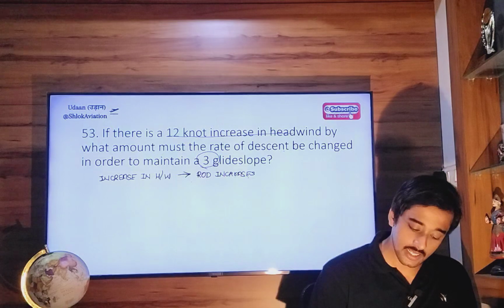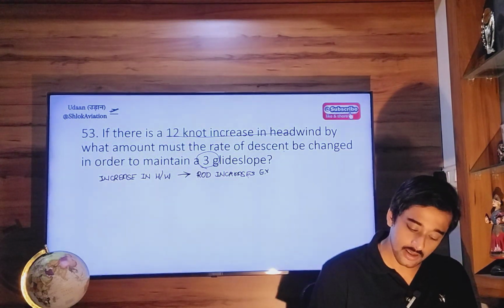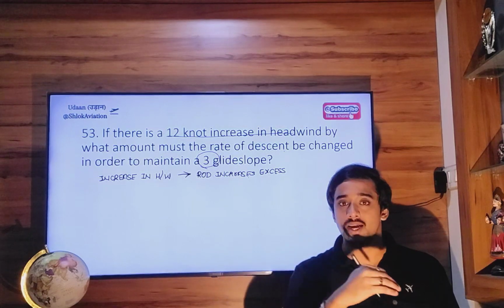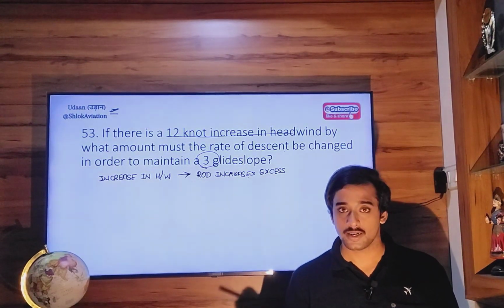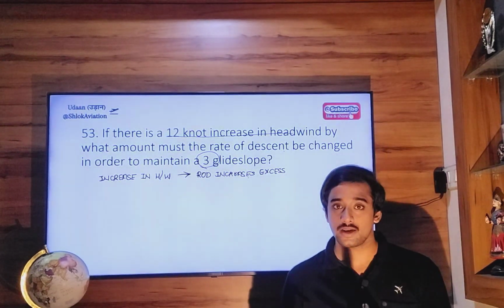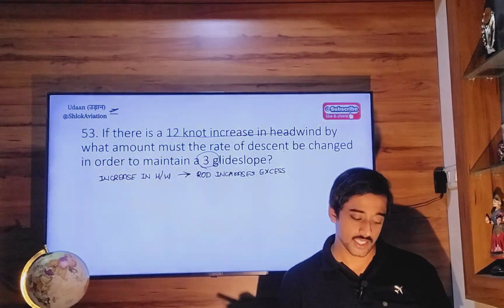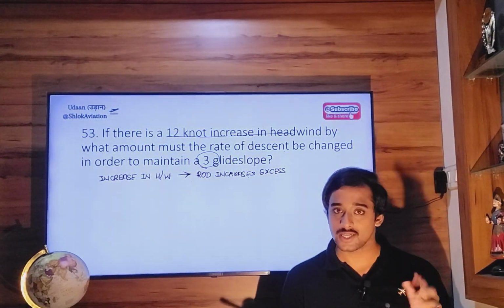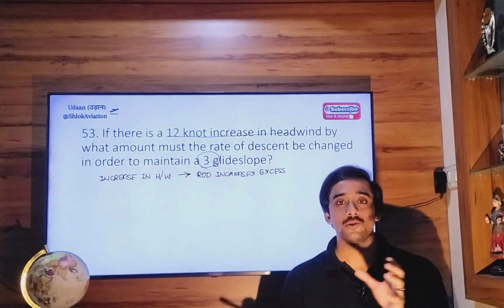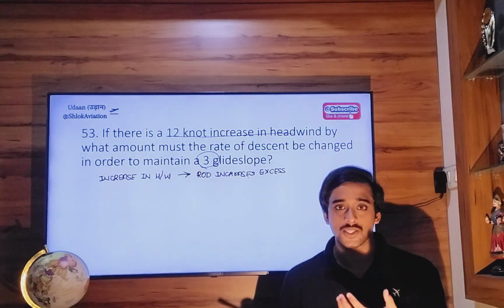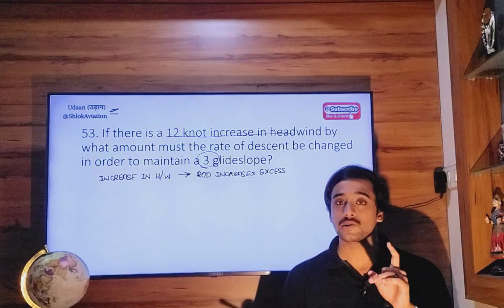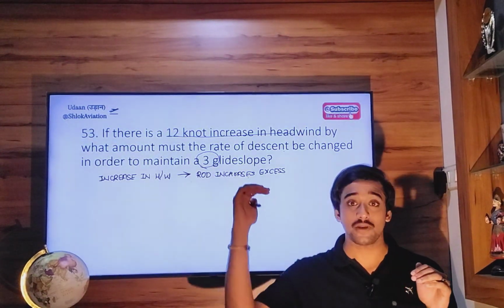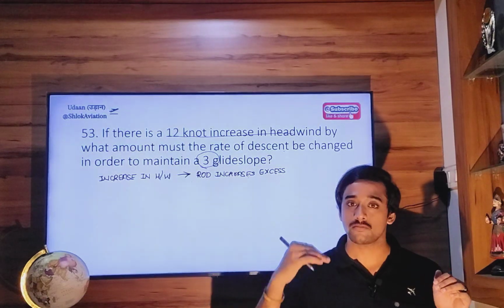So the rate of descent increases excessively, more than that which is required. Let's say the rate of descent required to maintain the 3-degree glide slope is 500 feet per minute. But upon encountering an additional headwind of, let's say, 12 knots, 10 knots, whatever, the rate of descent will increase automatically from 500 to a new descent rate of 600, 650. That means you will be below the glide slope. Instead of maintaining the glide slope, you will come below the glide slope.